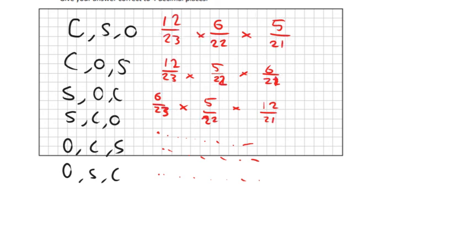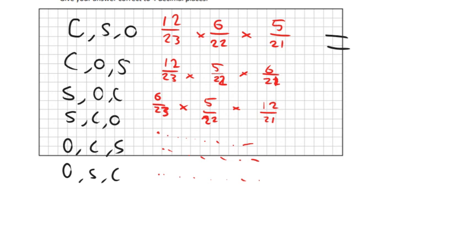And on the bottom, it's always 23, 22, 21. So 23, 22, 21 for each of the 6. So all we really need to do is work it out for one of them, and then you can just times it by 6. It's just a little shortcut.